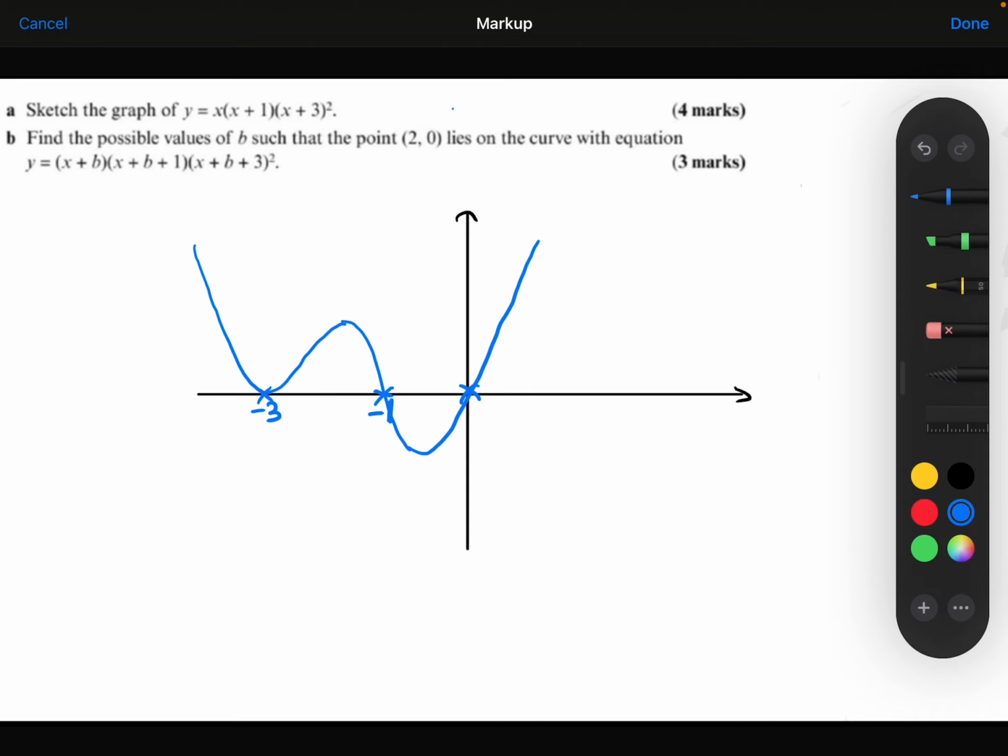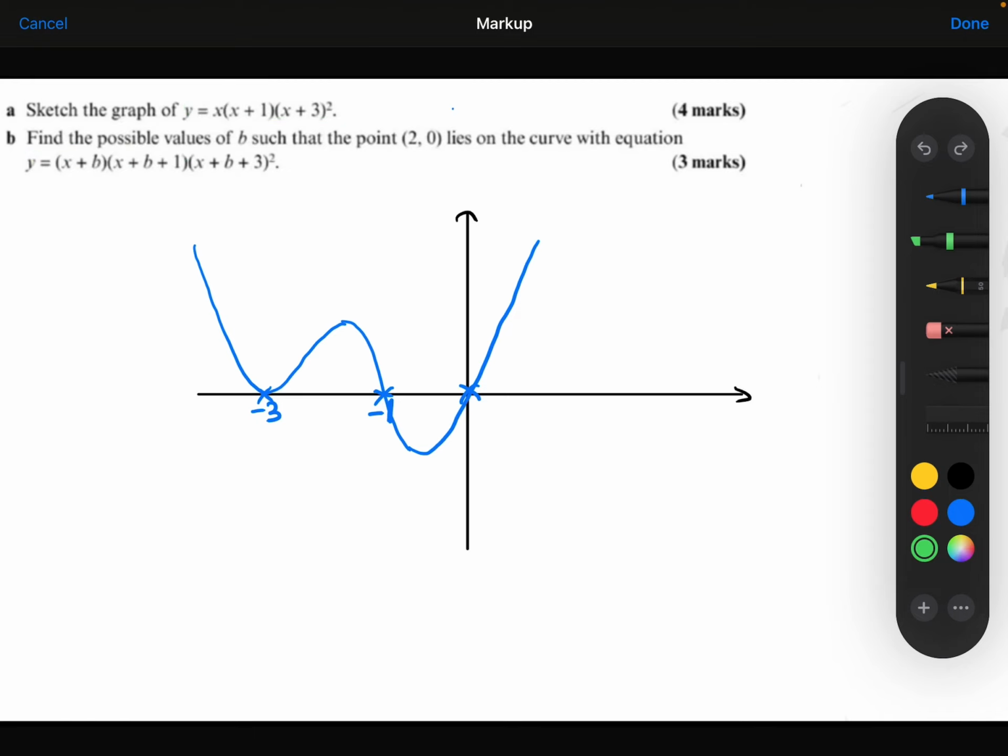Part B. Find the possible values of b such that the point (2, 0) lies on the curve with the equation y equals (x plus b) times (x plus b plus 1) times (x plus b plus 3) all squared. Now, because this is part B of the question, I'm immediately thinking that this is to do with my sketch. So I'm going to compare what I've just sketched here to the equation here.